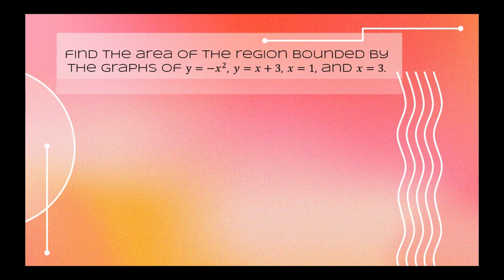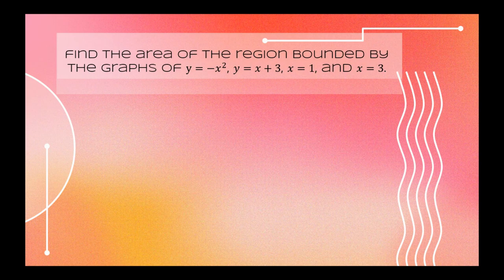Because negative x squared goes inverse to itself. Remember, positive parabolas open up, negative parabolas open down. It still starts at 0 and it'll be under the x-axis. So the x plus 3 would be on top.